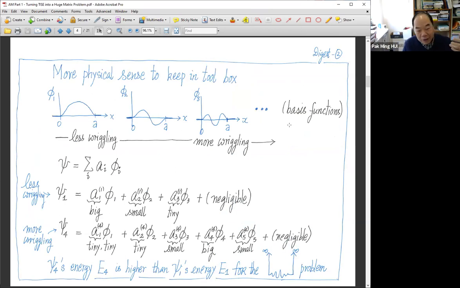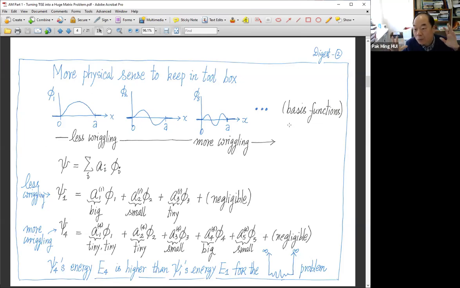And the lower indices will be less wiggly. The ground state is just that. The first excited state has one node, the second excited state has two. So increasingly wiggly.